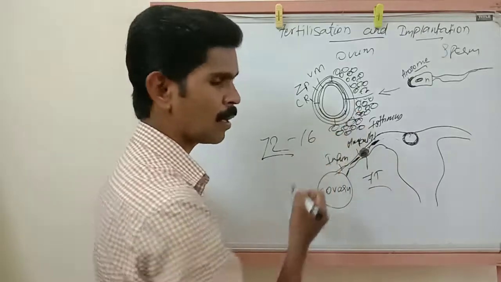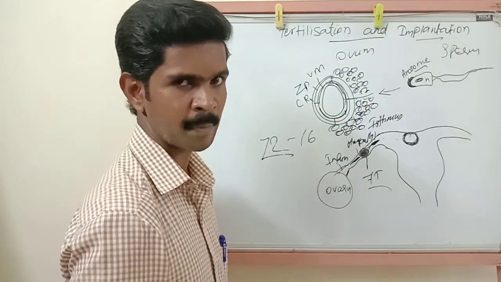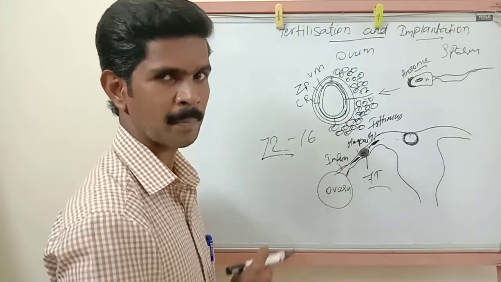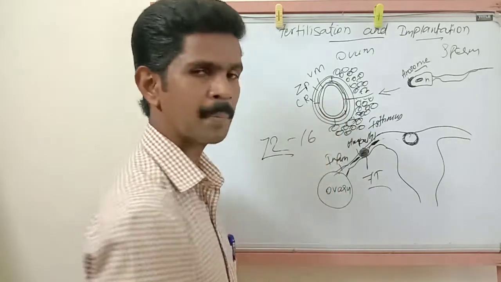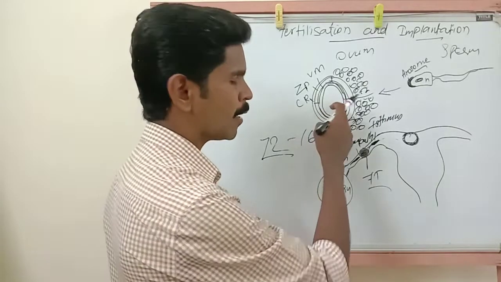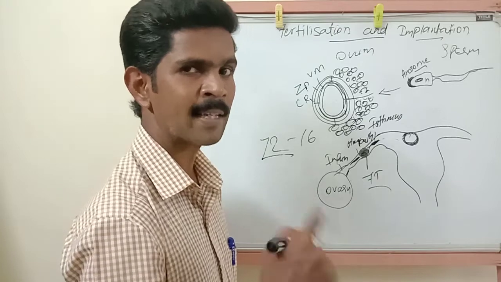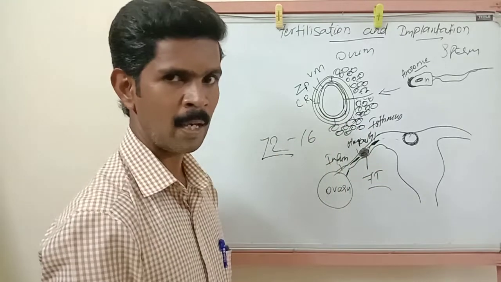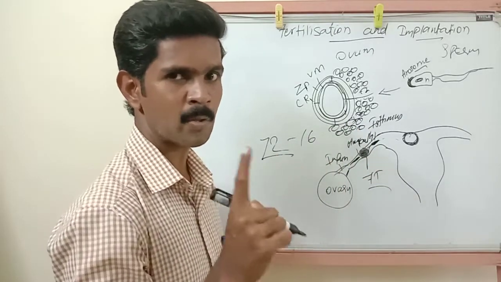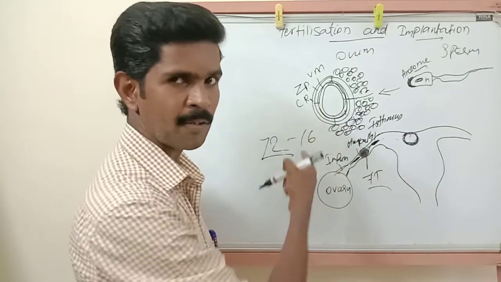This membrane is called the fertilization membrane. The use of this fertilization membrane is that it prevents the entry of other sperms. Normally only one sperm should enter the egg for fertilization.